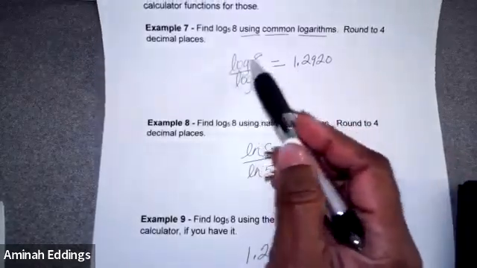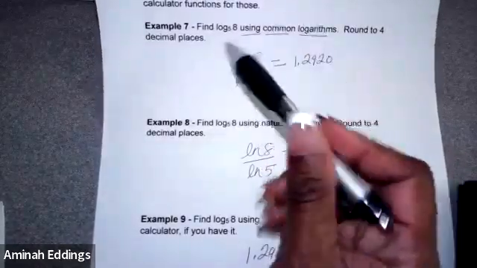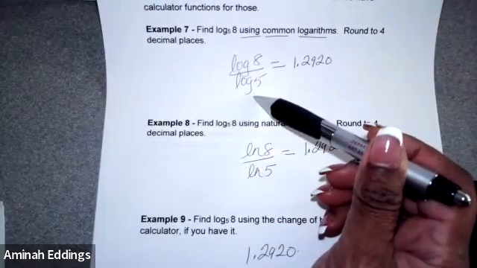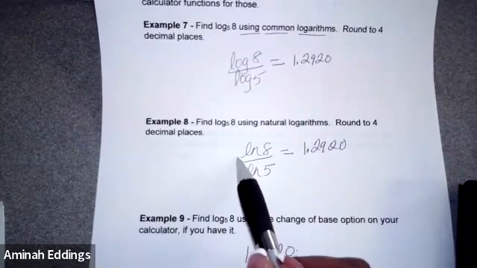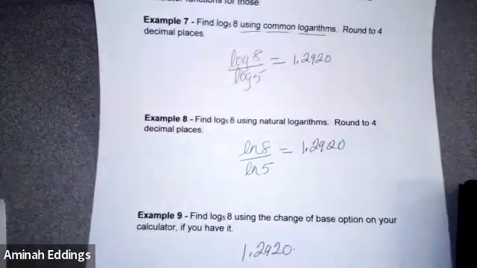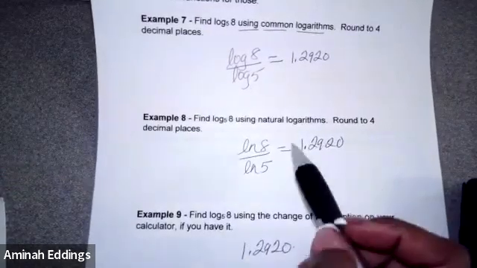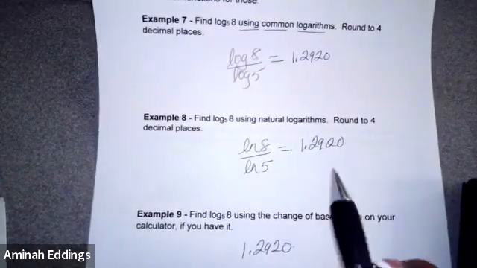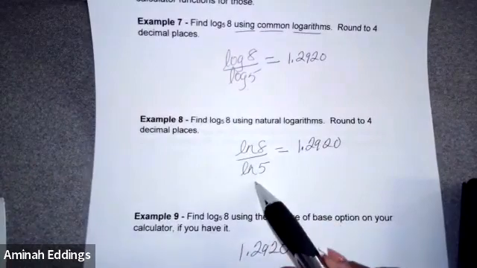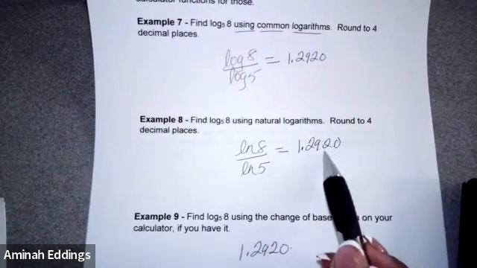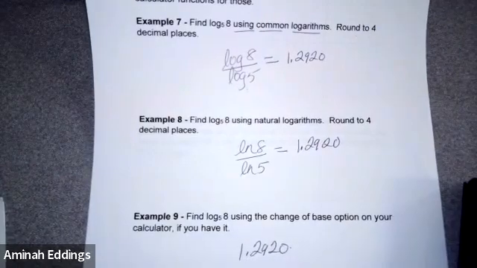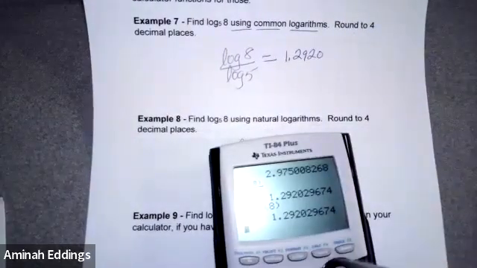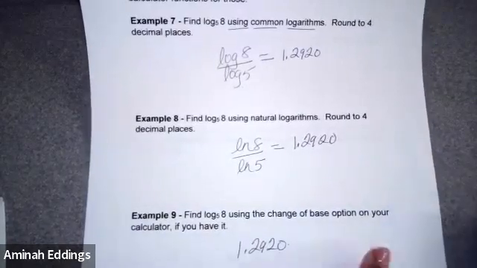If I use my change of base form, which means base on the bottom, it is the same as taking the natural log. Can you all see that, or is it blurry? Oh, okay. From here, it looks like it's kind of blurry. So taking the natural log of 8 over natural log of 5 is the exact same thing. And then we know that putting this in our calculator using our log base button will yield the same answer.